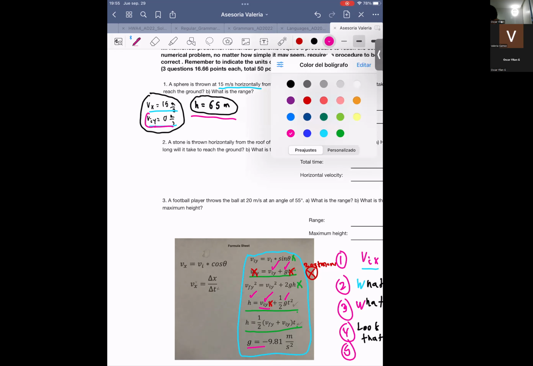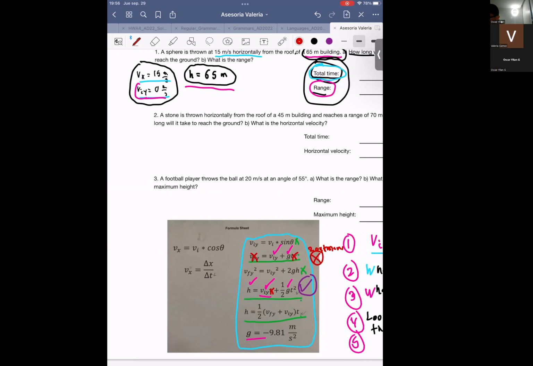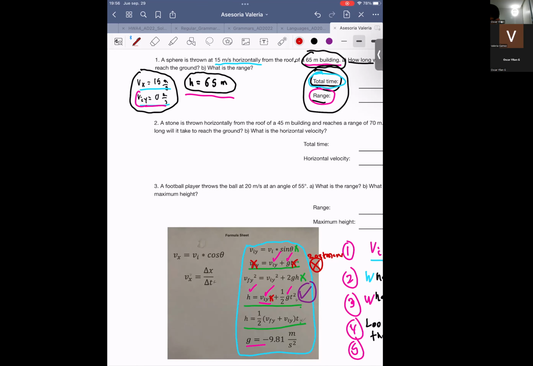So we can use this one, right? Yes. Just for you to see, the next one we cannot use because we don't have the final velocity and the time, so it would be two unknowns. So the one that we're going to use is this purple one.